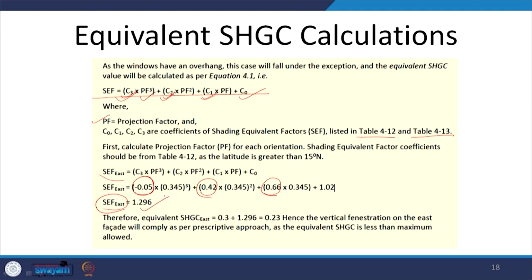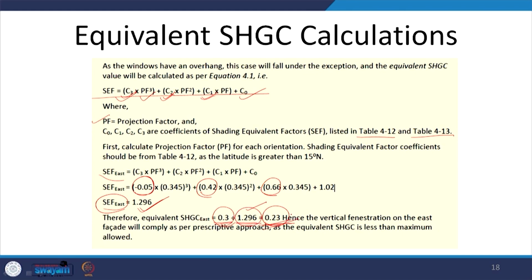Now, this SEF of east will be multiplied by the SHGC which is prescribed in the prescriptive tables, and we calculate the effective SHGC. Once we have calculated the SEF, we divide the SHGC which is prescribed for the given orientation as per the prescriptive tables by the SEF to obtain the effective SHGC of that fenestration.